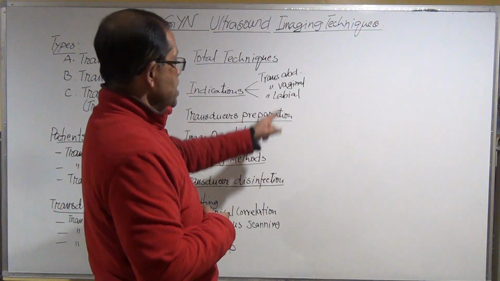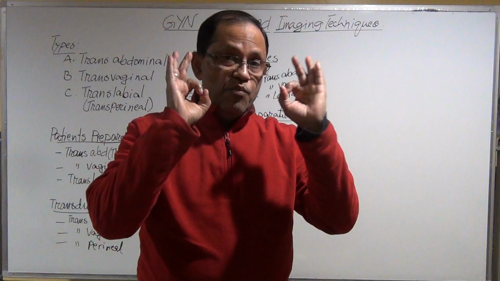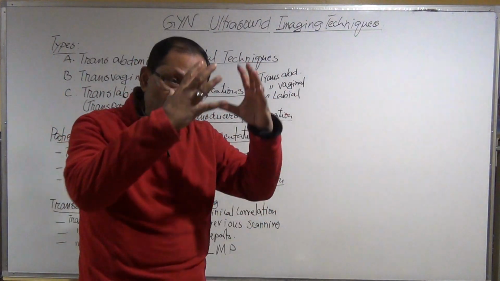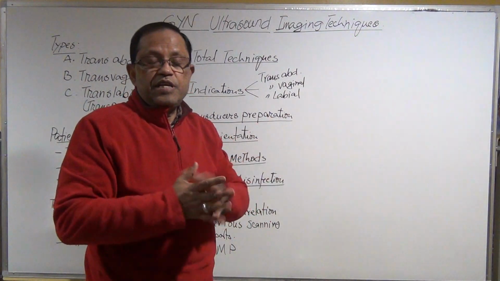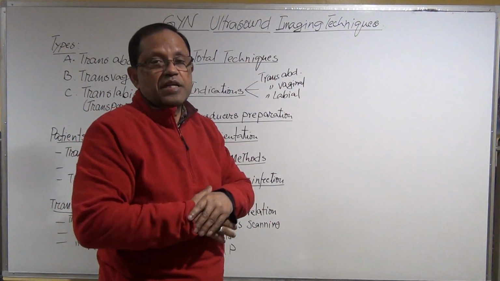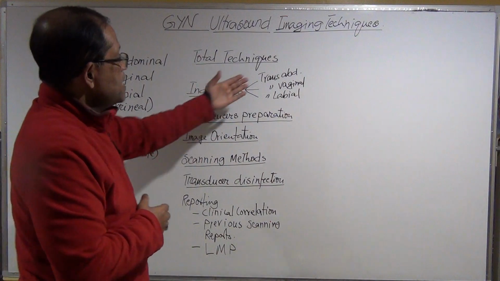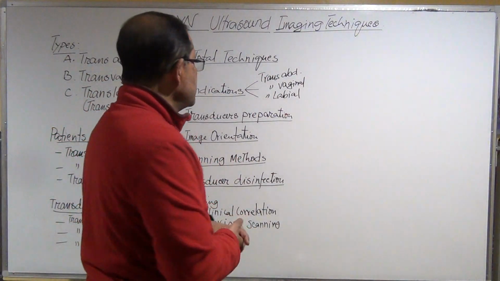And among these three, the transvaginal is more sensitive, more accurate, and translabial is done for the lower uterine segment to see the cervix and vagina, so the lower reproductive organs, okay? And transabdominal is used in general, we'll discuss it.